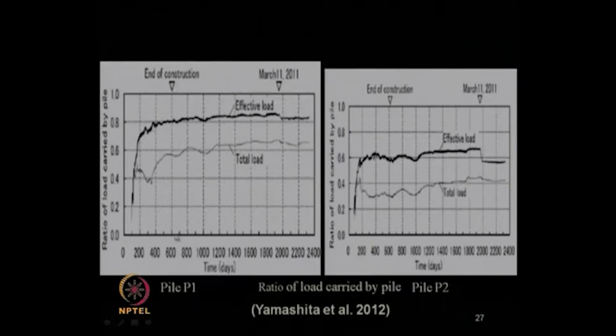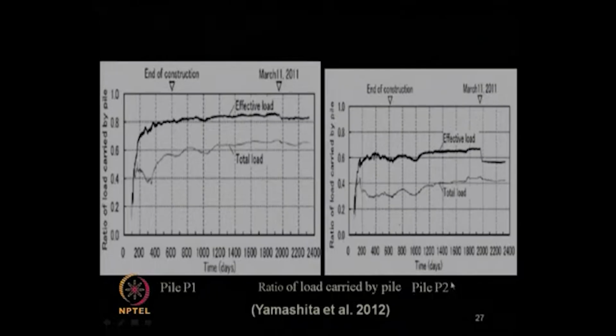This was the time in days in the x axis, and the y axis shows the ratio of the load carried by the pile. So, at the end of the construction, you can see it is almost saturated. This is the time when the earthquake occurred, March 11, 2011. And this is the ratio of the load shared by another pile, P2, which is also an instrumented pile, as I had already shown.